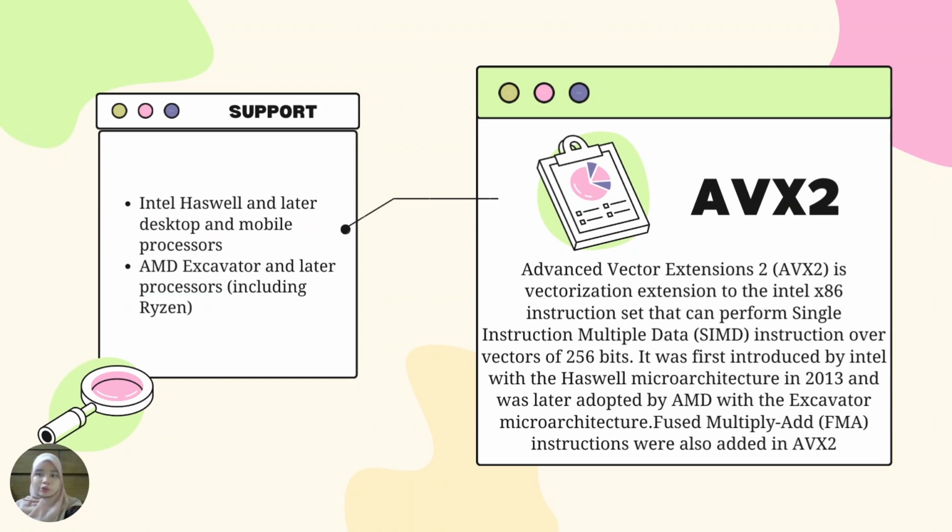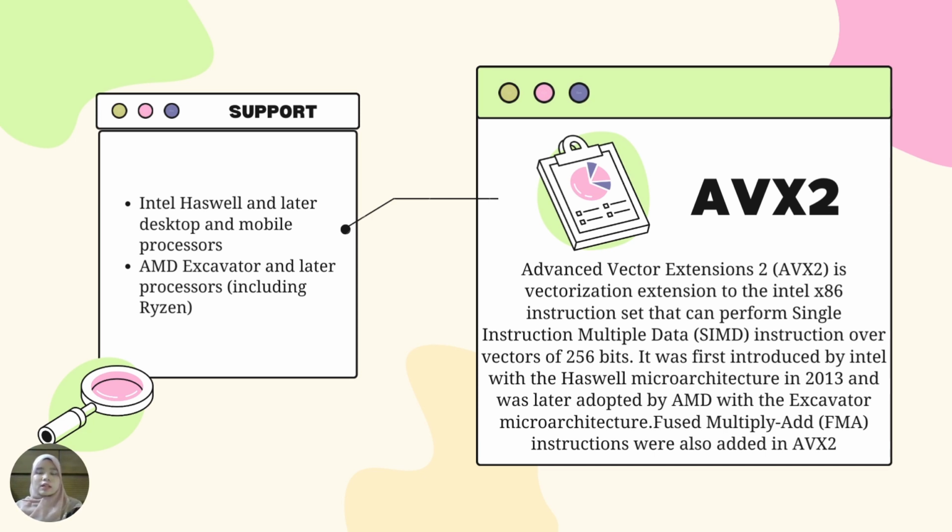Advanced Vector Extension 2 is a vectorization extension to the Intel x86 instruction set that can perform a single instruction multiple data, or SIMD, instruction over vectors of 256 bits. This version extends the capability of AVX by adding support for integer operation in the 256-bit SIMD registers.